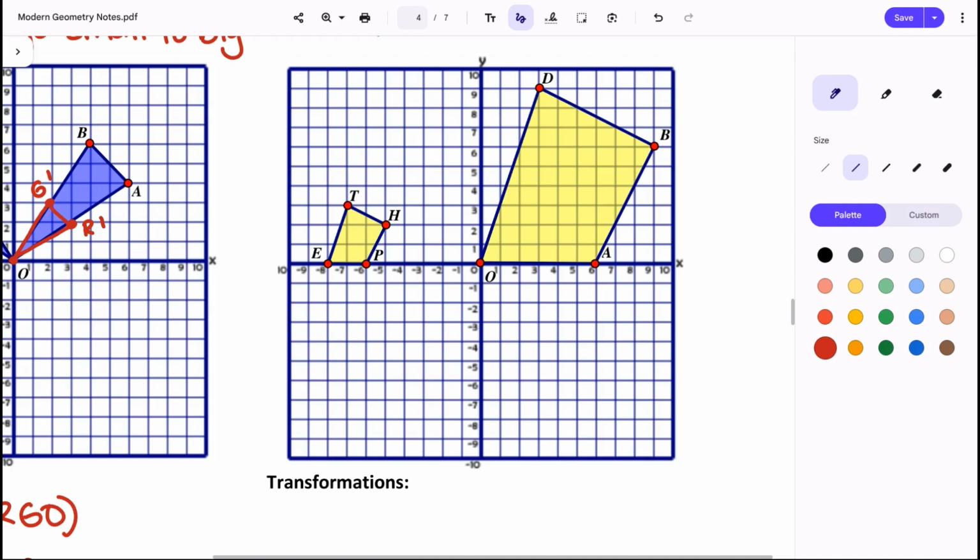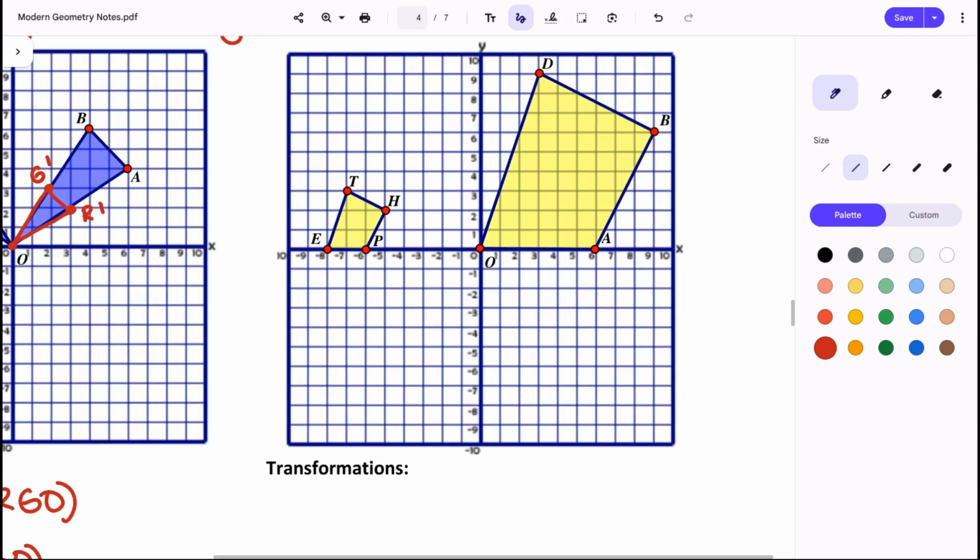E and O. That's what I would do. So how do I move E so that it lands right on top of O? What directions does it need to go? Right. How many? 8 squares. Okay. I'm only focused right now on getting E and O to match. So I need to move it 8 squares over to the right. That's using a translation. What letter do we use for translation? Good. Capital T. And how do I write the vector?